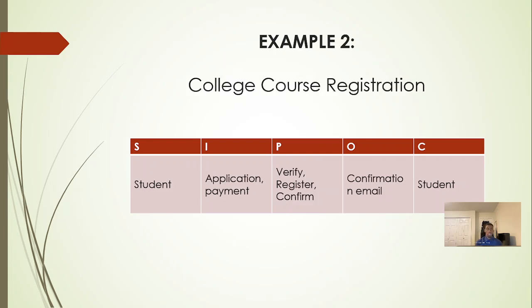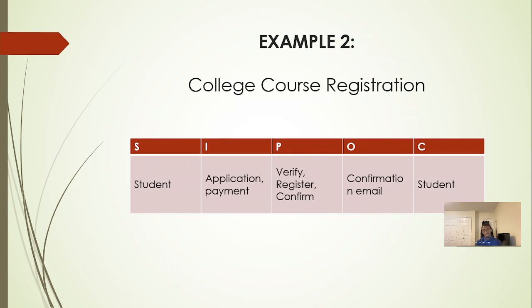Let's go for another example: a college course registration. In this case, the suppliers are the professors or the IT system. The inputs might be the application, payment, course list, or student requests. The process is to verify, register, confirm, and select courses.